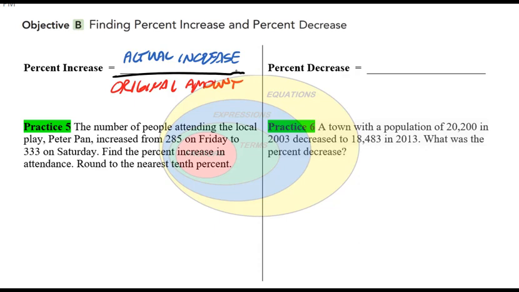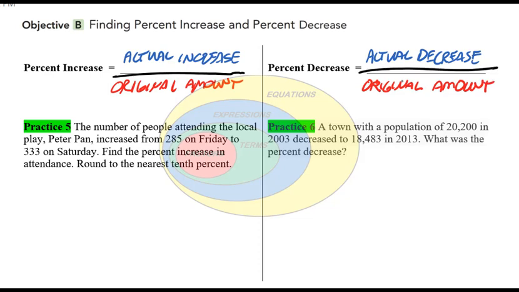And then percent decrease would be the actual decrease divided by the original amount. Sometimes it's called the starting amount, but it's the amount that you start with. So for all these problems, we just want to get this ratio, and then we'll convert to a percent.